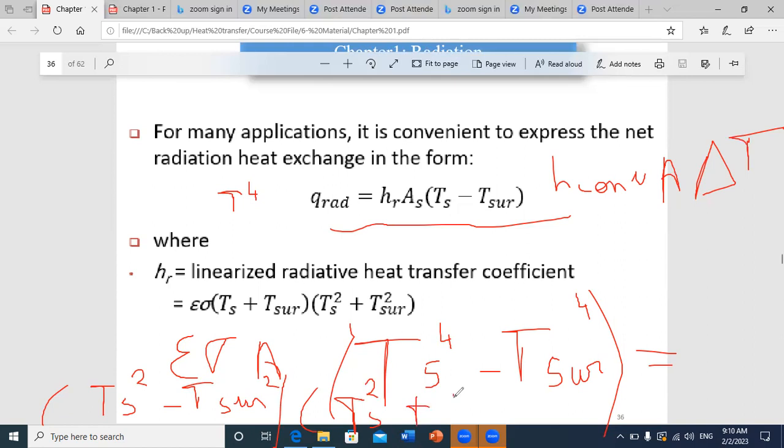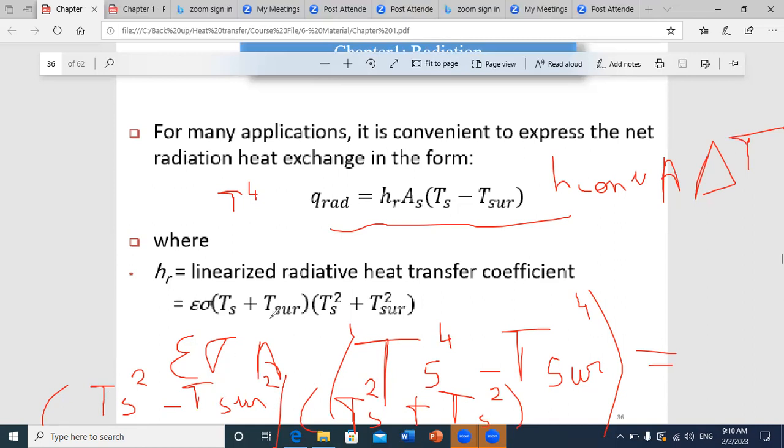Now you can expand more. This is in the form of a square minus b square, so if I expand it, I get (T surface minus T surrounding) times (T surface plus T surrounding).